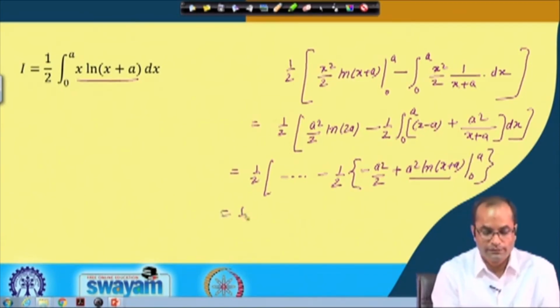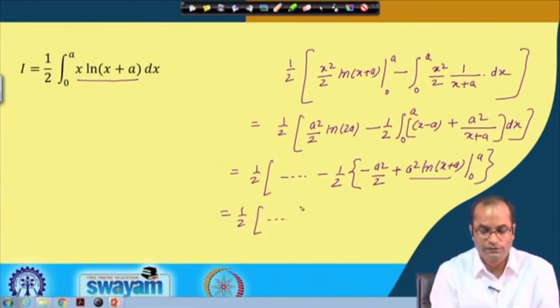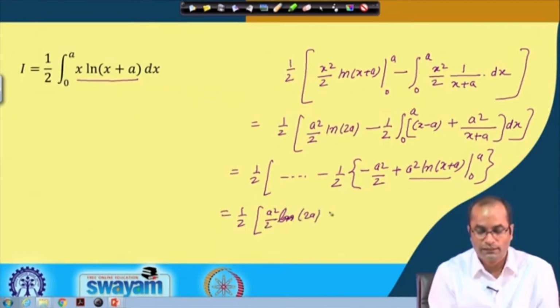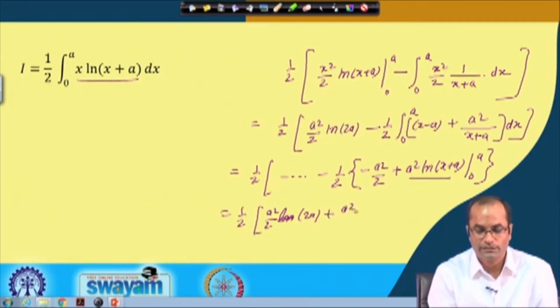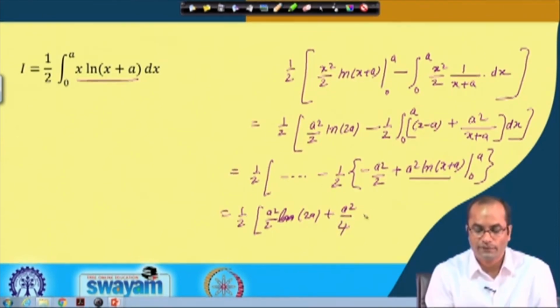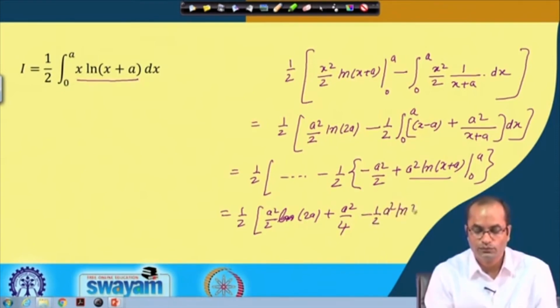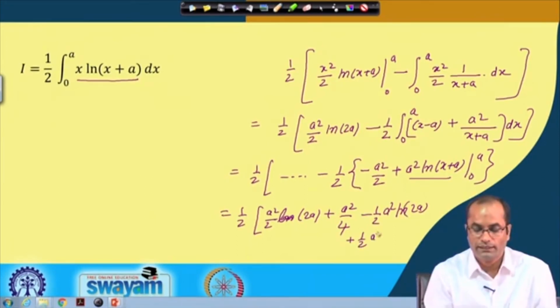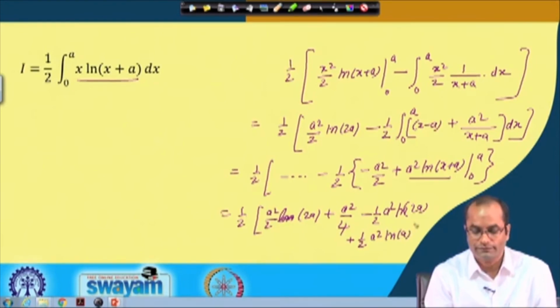So, what do we get? Half the first term, which is a squared by 2 and this ln 2a, and we have minus minus plus a squared by 4 here, and then here a squared with minus half term, a squared and ln 2a, and then 0. So, this will be plus half and then a squared and ln a.